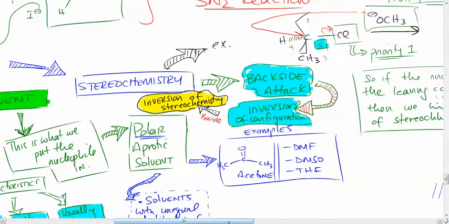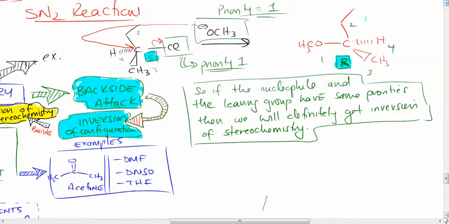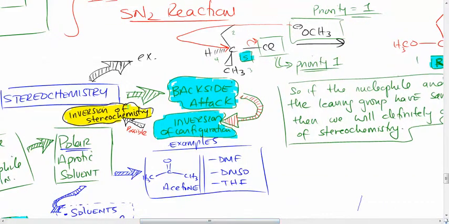The act of the nucleophile coming in the back and hitting this carbon is going to cause these three groups to shift this way. That's the inversion of geometry, or inversion of configuration. We said that could lead to an inversion of stereochemistry.